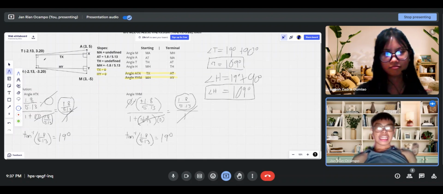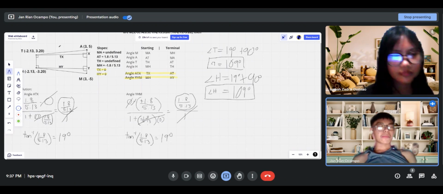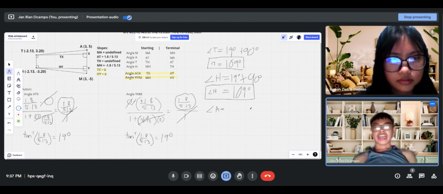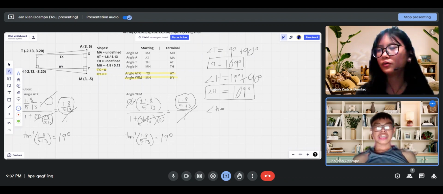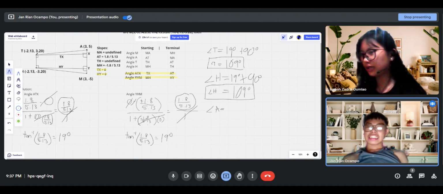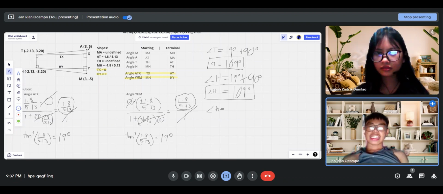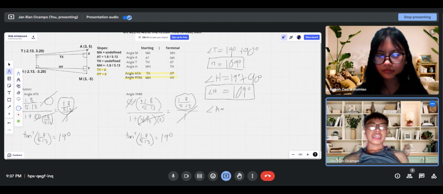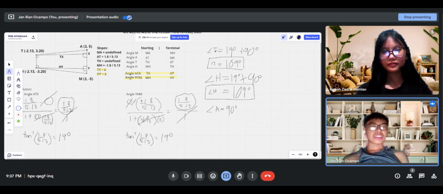Let's start with angle A, as it is on the upper side of our polygon. So how do we find this using the current measurements or angles that we found? Well, as we can see, this line actually creates a triangle. And inside triangles, the sum of interior angles is 180 degrees. Since this is a right triangle, we have 90 degrees here, and then what we found, 19 degrees.